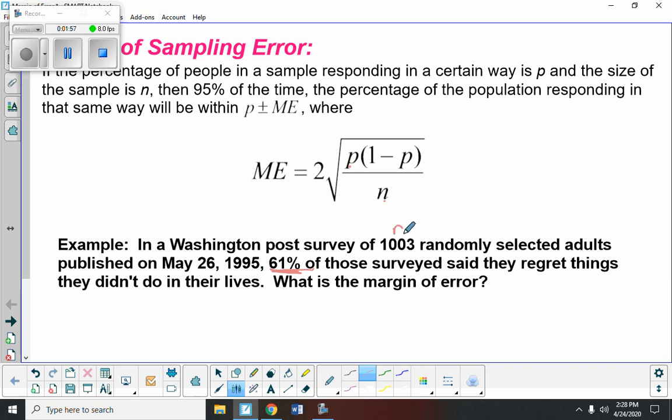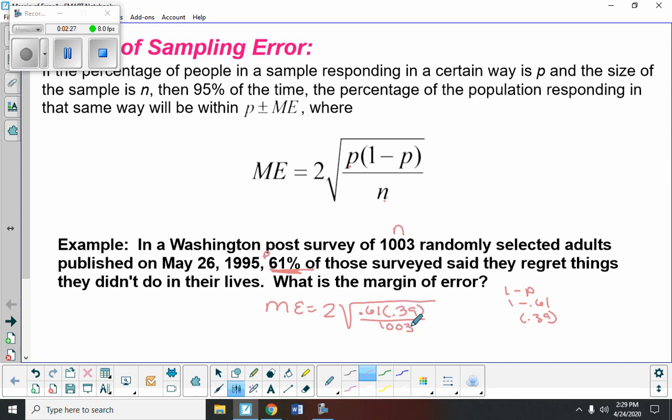The number of people was 1,003. Here's our percent. We use this formula for the margin of error. You put in P, which is 0.61, and then 1 minus P is 1 minus 0.61, which is 0.39, divided by the number of people in the survey, which is 1,003.